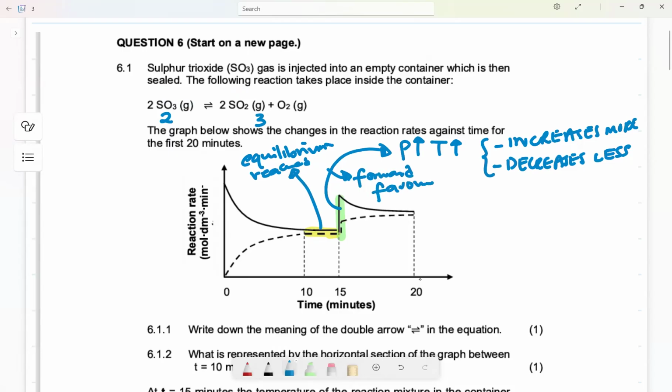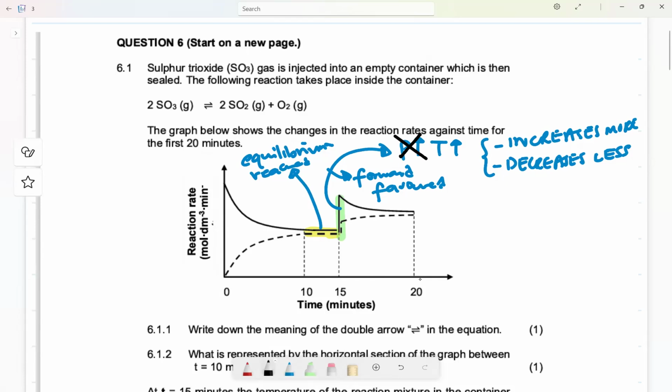So it means it is not pressure, it is temperature. The forward direction is favored. And we know an increase in temperature favors what? It favors endothermic, so that the reaction can absorb that excess heat.